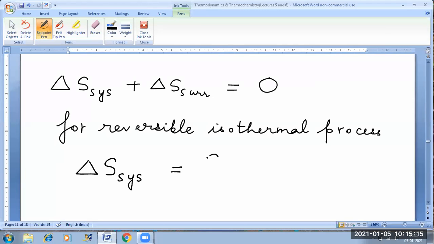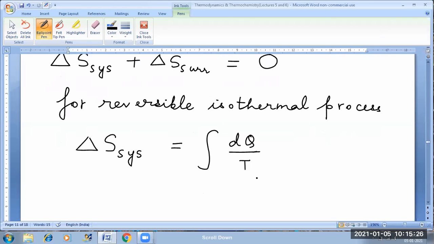So delta S is equal to dq upon T. If it is a reversible adiabatic process, I can say that this is 0 by T, because in a reversible adiabatic process, no heat is gained or lost.